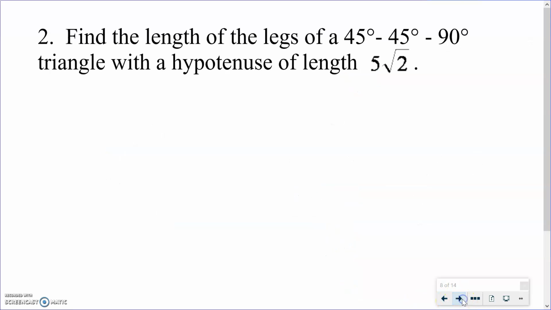All right, we can also use it to answer questions like this. If a triangle with a hypotenuse length of 5 square root 2, and we know it's a 45, 45, 90, then we know that these side lengths are 5. Okay, the legs of that right triangle.